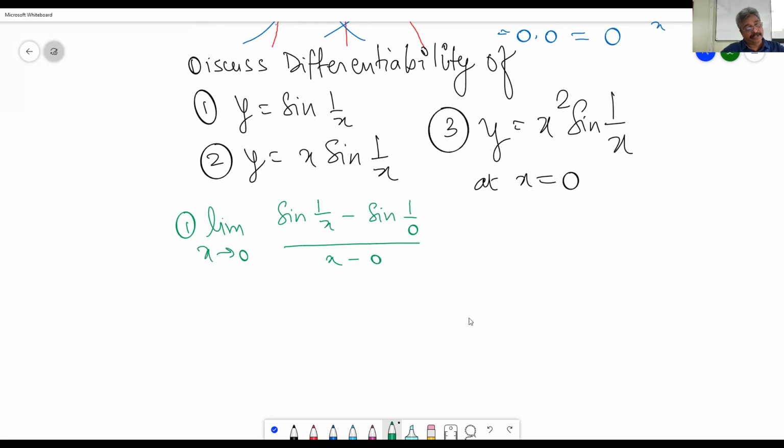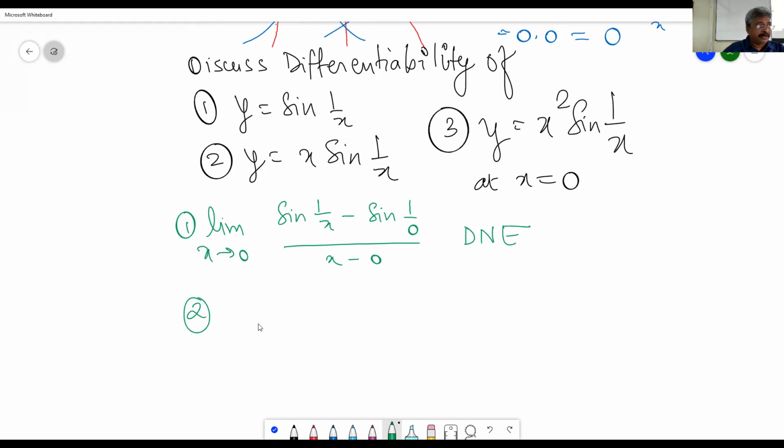What will happen to this limit? Will it exist or will it not exist? Anyway, we know that it does not exist, because you are dividing by x, and this anyway is undefined. So does not exist. So there is no question of first function being differentiable. Even if we do not write this, it is not going to be differentiable because the limit does not exist in the first place.